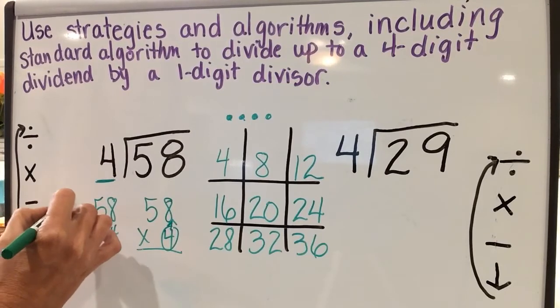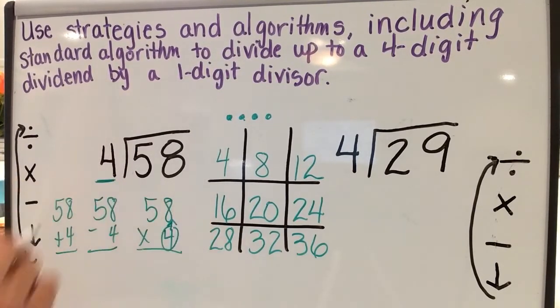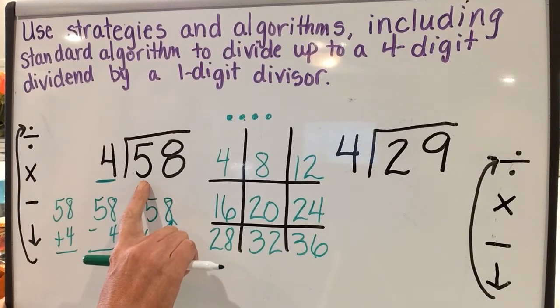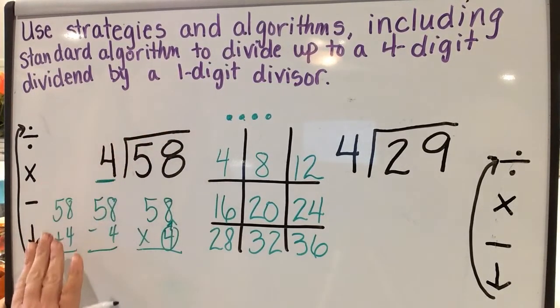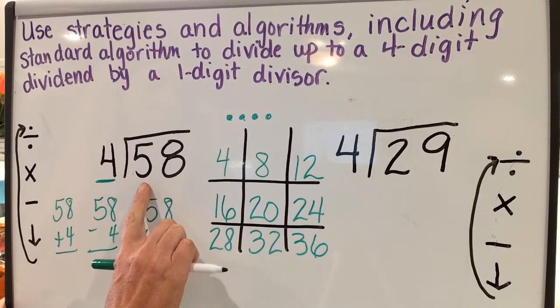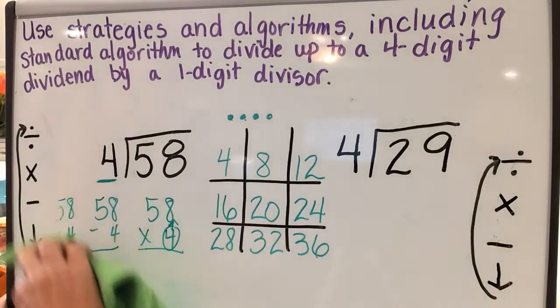And if we added, we would start in the ones place. But this time, I'm going to show you differently. We're going to start with the 4 and we're going to divide into the tens place. This is the only operation where we start in a different value place. All right, let me get rid of these others that I've shown you.